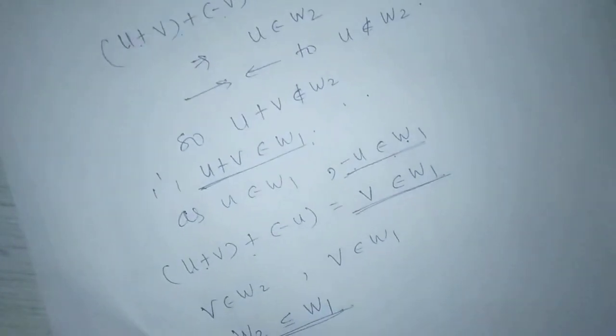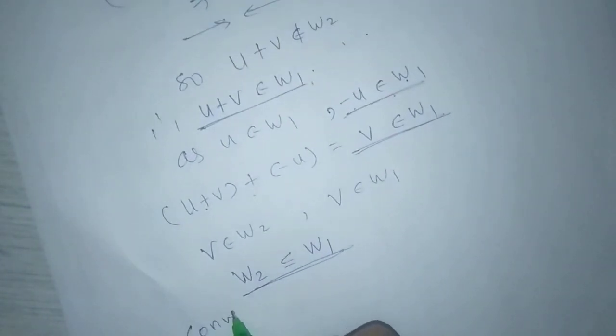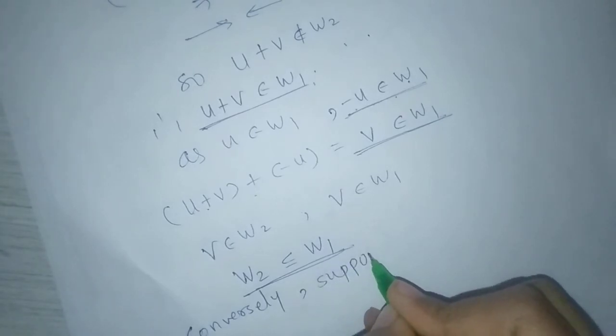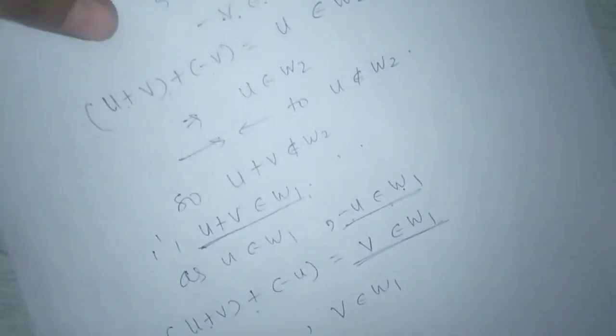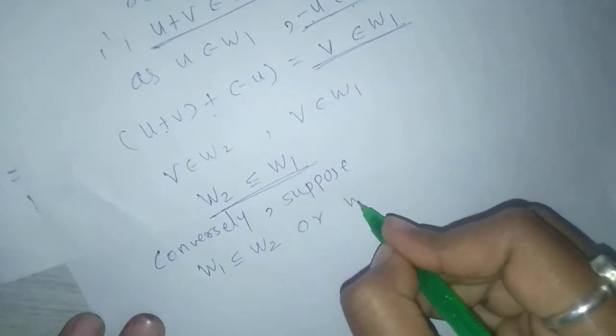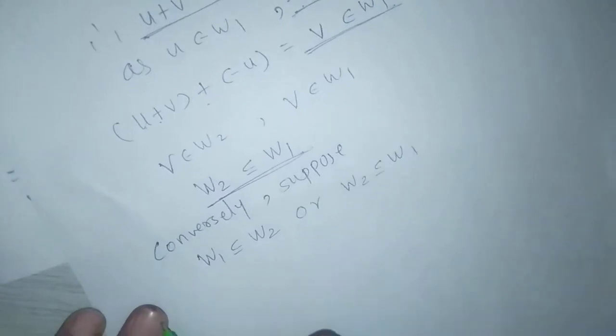Next, conversely suppose W1 is a subset of W2 or W2 is a subset of W1.